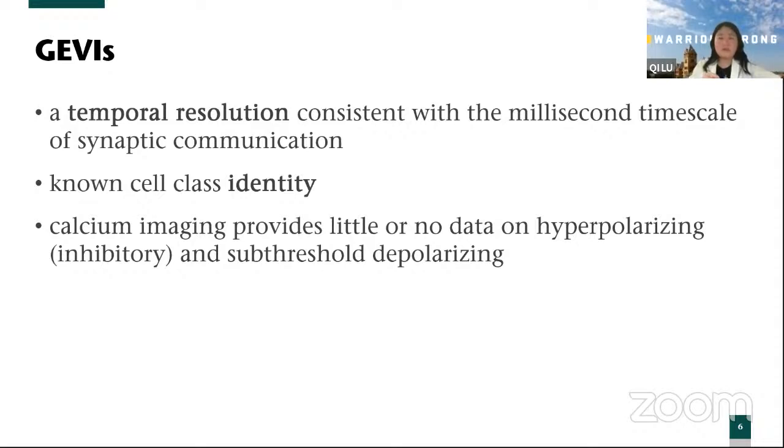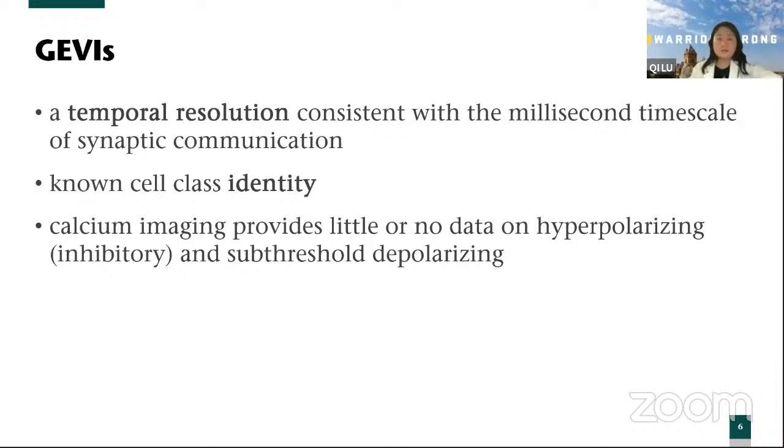Compared to chemical or organic voltage sensitive dyes, it can identify cell class identity, for example being expressed only in pyramidal cells and leaving all other ganglion cells or local interneurons with no signal. That reduces background noise and isolates the signal the scientists are interested in.